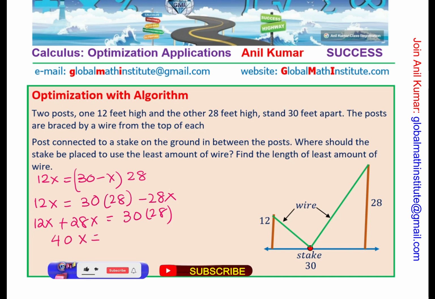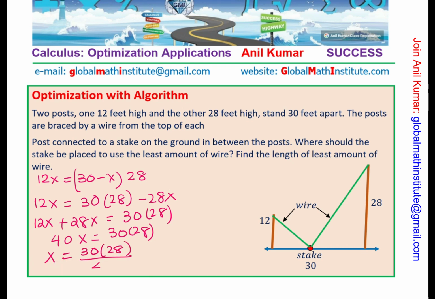Equals to, we can write 30 times 28 here. So x is equal to 30 times 28 divided by 40, correct? So let's do this math. 0, 0 cancel, and 4 goes 7 times. So we get 21. So 3 times 7. So x is, our critical number is 7.